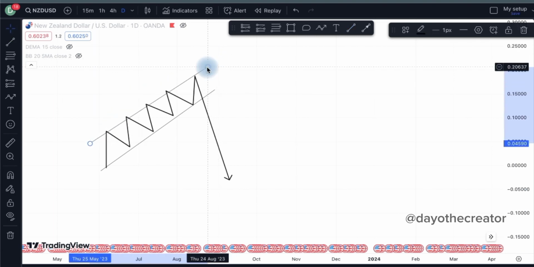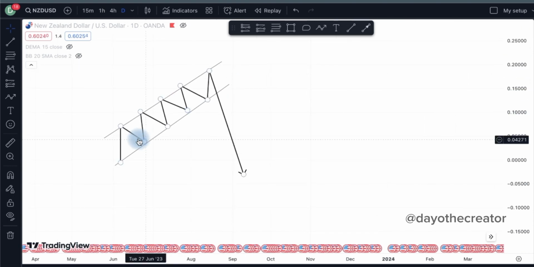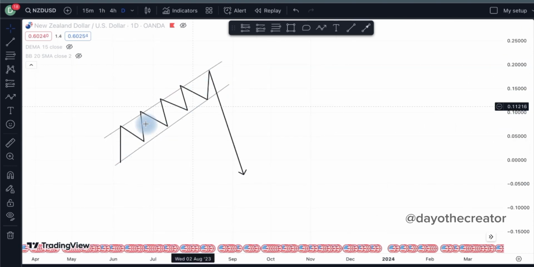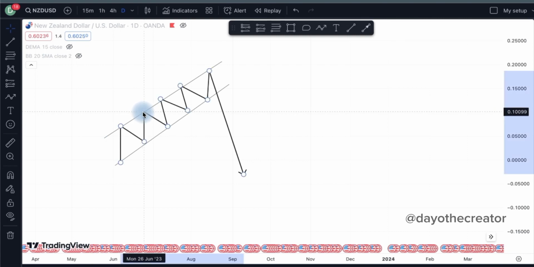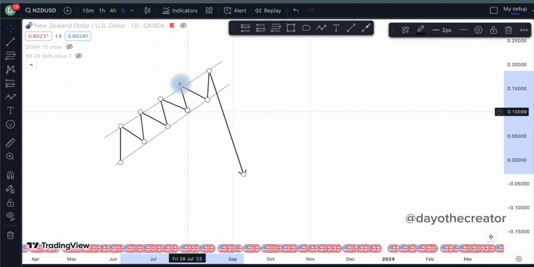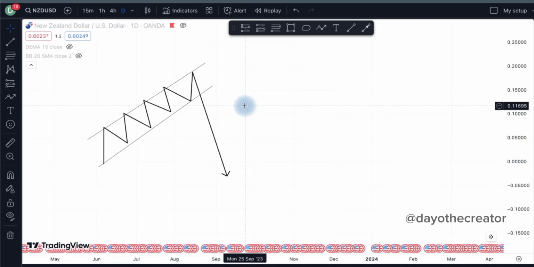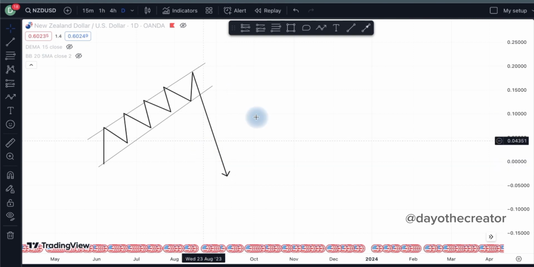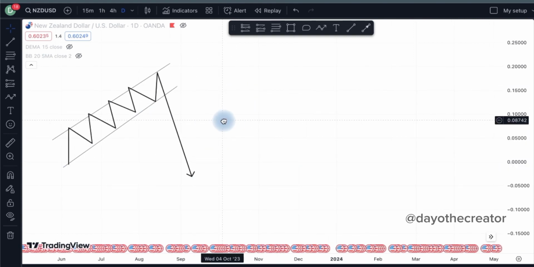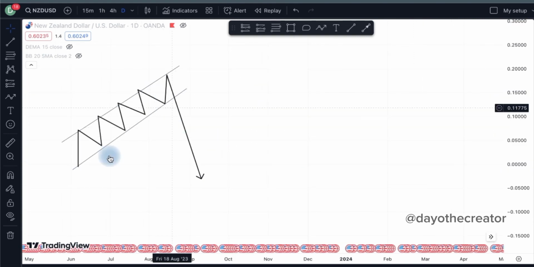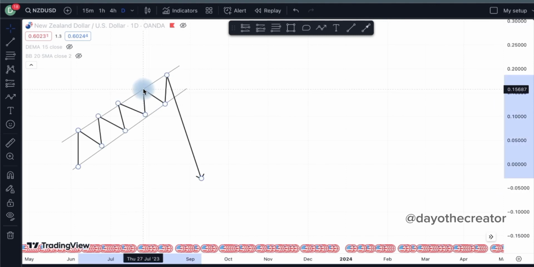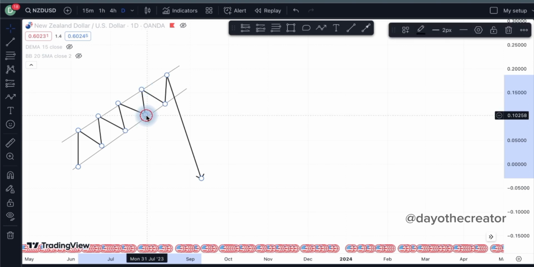When you see that the market is going in an uptrend and you tend to enter, not knowing that the market is setting a trap for you to enter before it breaks the trend line and goes to the downside. It happens whether in an uptrend or in a downtrend. So this is what we refer to as inducement trend line liquidity.